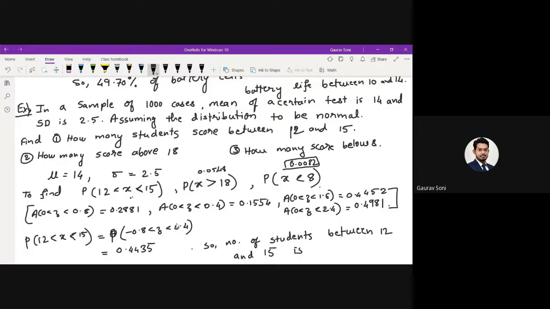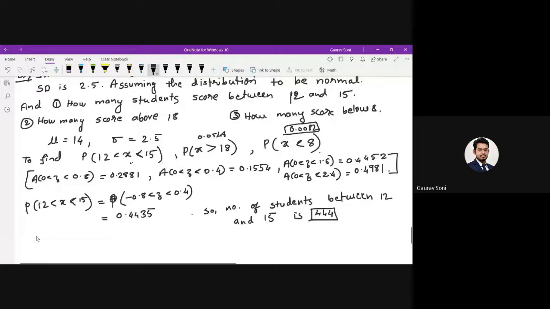So nearly 444 students are between 12 and 15. Similarly, for probability of x greater than 18, it is actually 0.0548. So the number of students is going to be nearly 55.